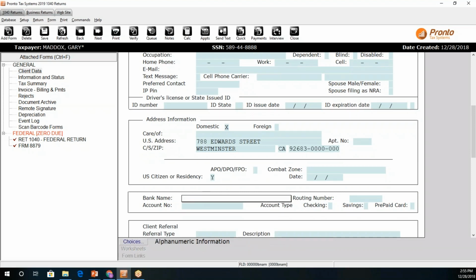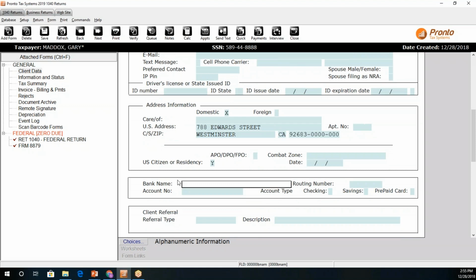Okay. Bank name, if he wants to have it deposited to his checking or savings account, you would put that information right there. However, he is asking for a check to home if he has a refund, and if he doesn't have a refund, bank name is irrelevant because you never want to give the IRS your bank account number, right? Although some people do.